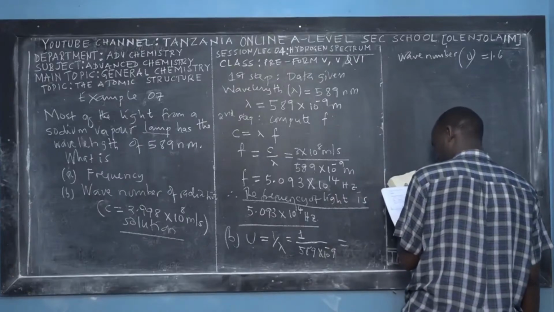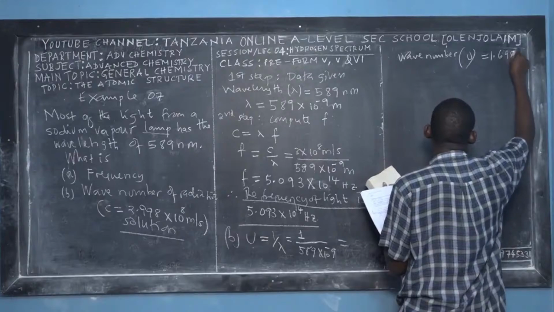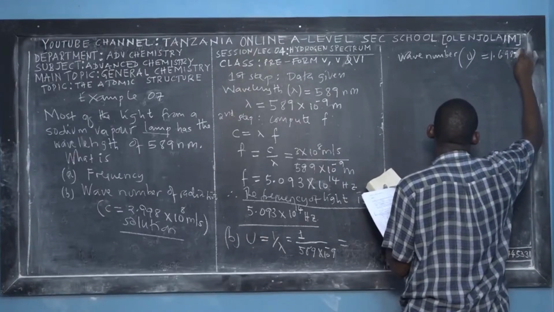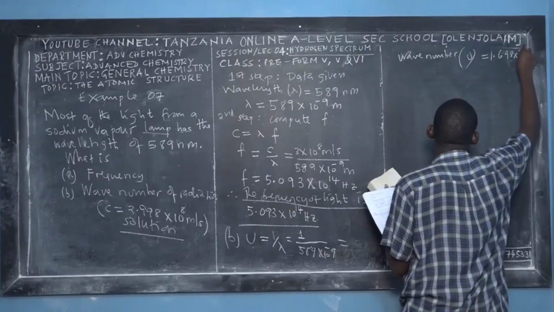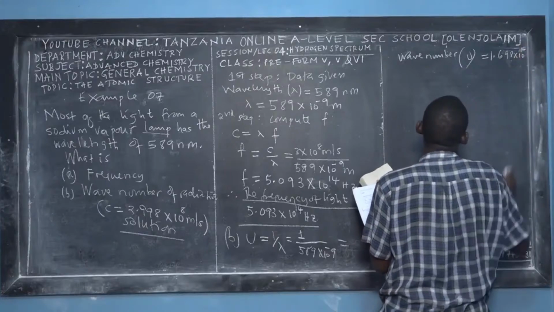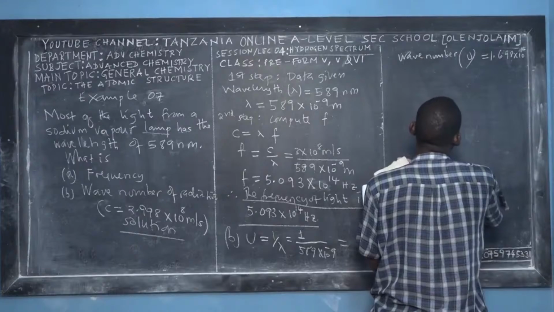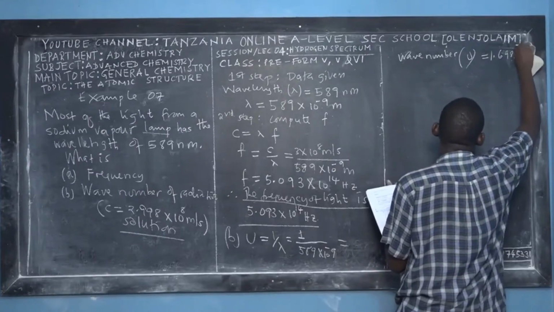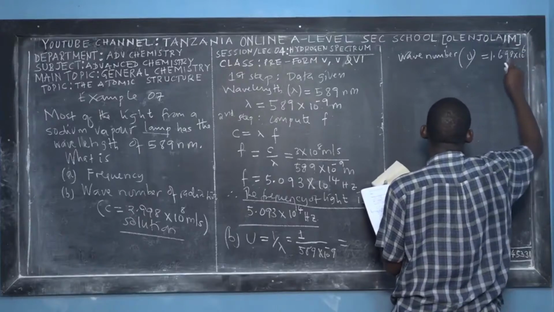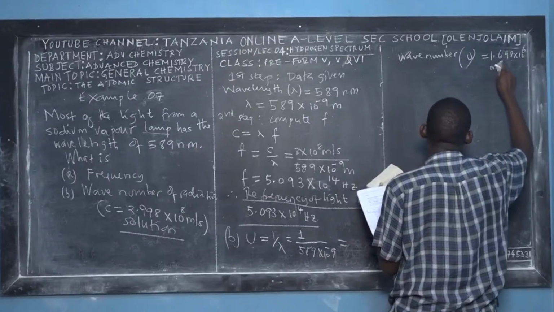After using your scientific calculator, 1.698 exponent 6. It is exponent 6 because it is the reciprocal of wavelength, so the unit is per meter.